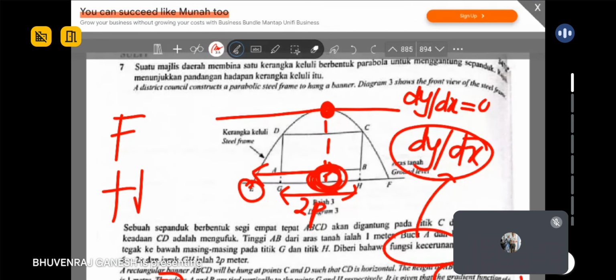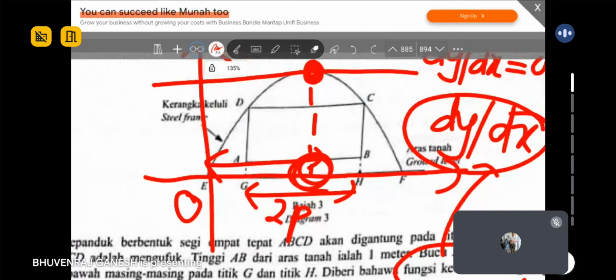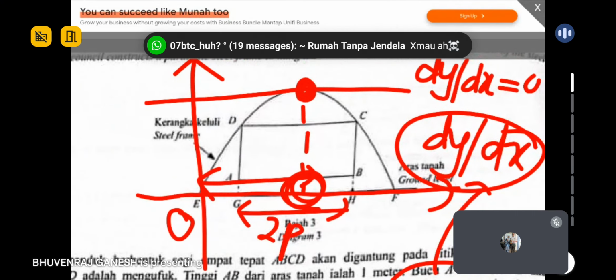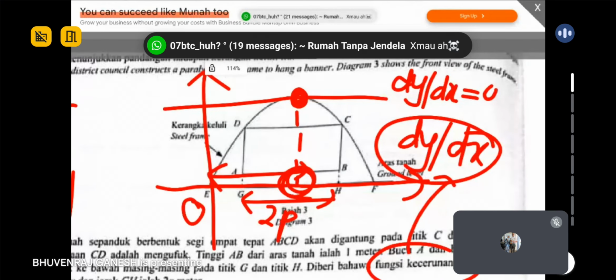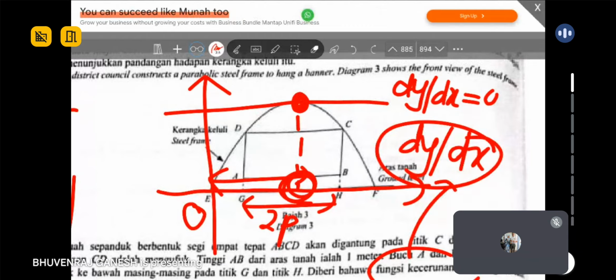You must imagine your axis is something like this. Kamu kena bayangkan paksi kamu macam ni. Then only kamu boleh faham. Maksudnya kosong kat sini. Do you get the logic guys? Kamu kena lukis paksi kamu sendiri. You must draw your own axis, so that you understand better.